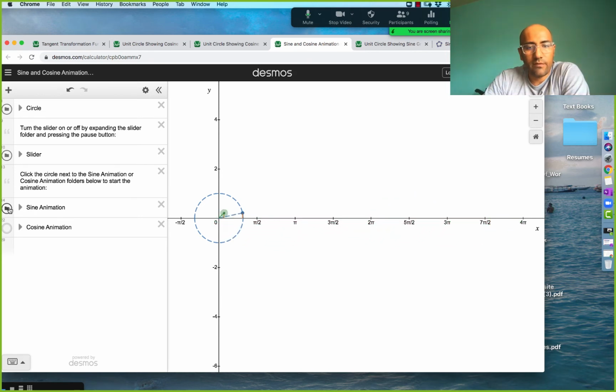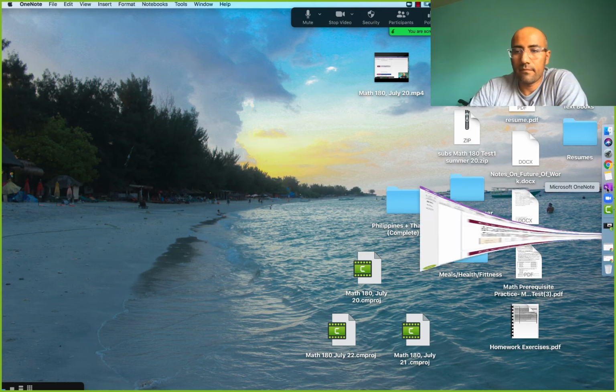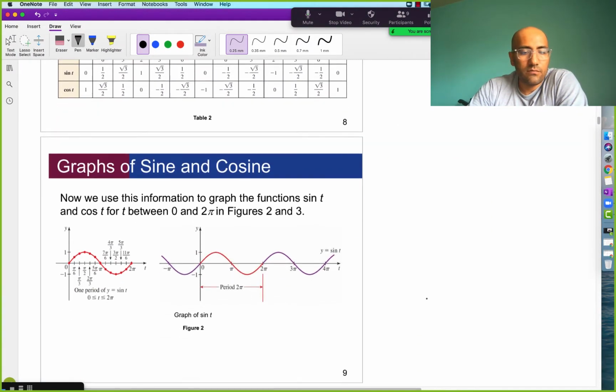It starts off at 0, goes up to a height of 1, and then comes back down to 0, goes down to -1, goes back up to 0, and so we're tracing the y-coordinates of the terminal point along the unit circle. Any questions about these graphs? No. Okay.